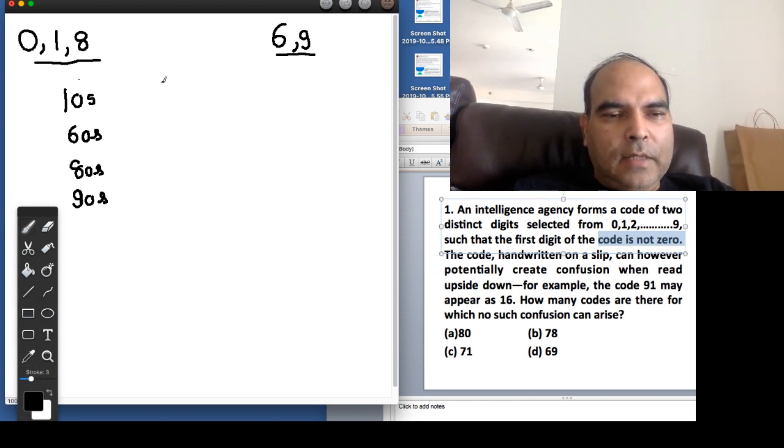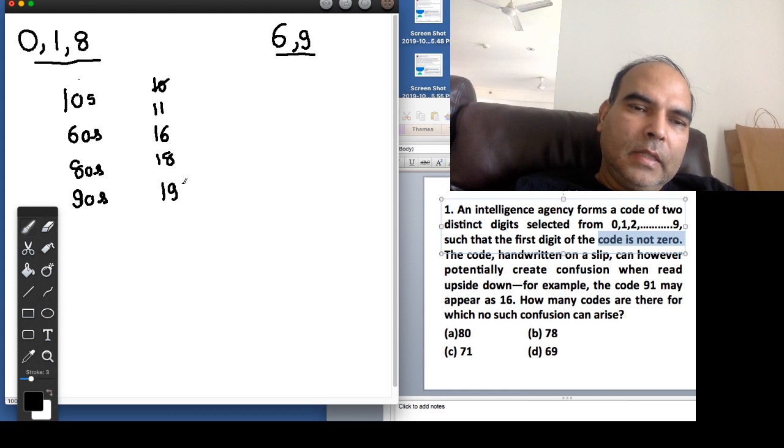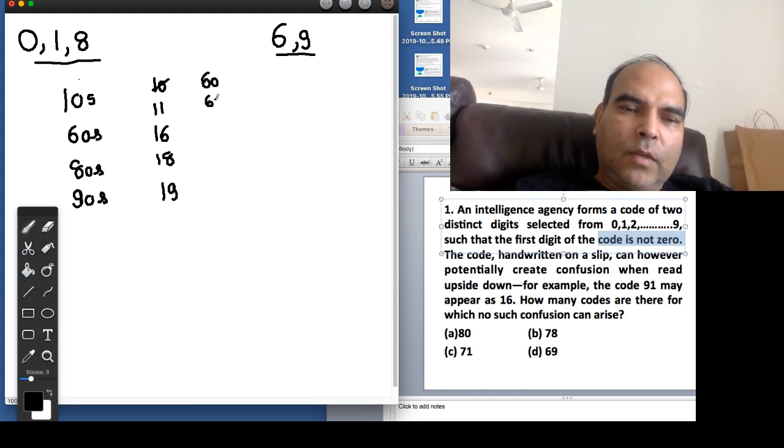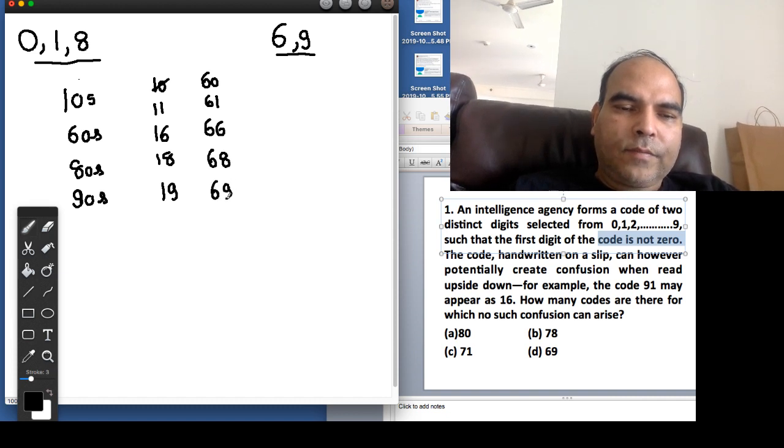So if you look through the tens, 10 will not create a confusion. You have to look at 10, 11, 16, 18, and 19. In the 60s, you have to look at 60, 61, 66, 68, and 69.